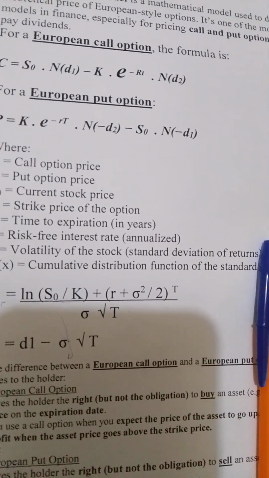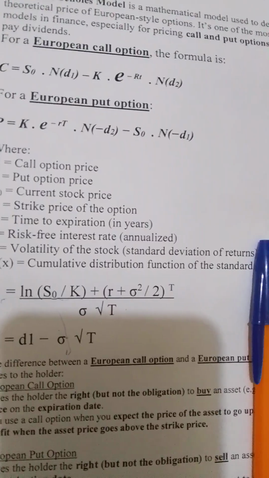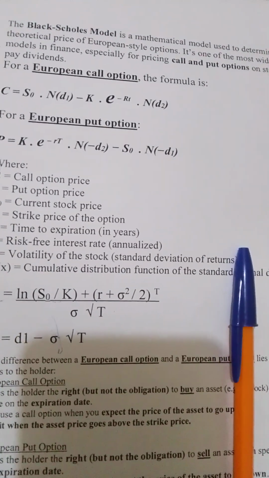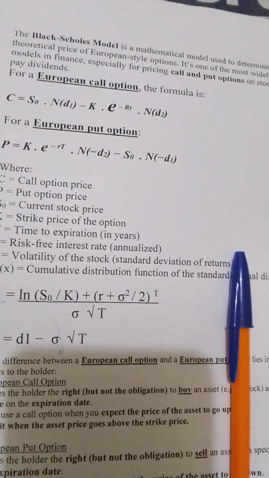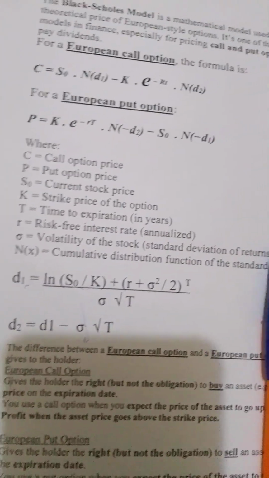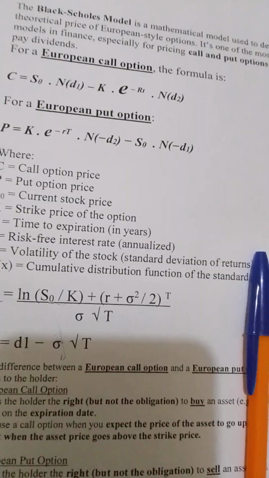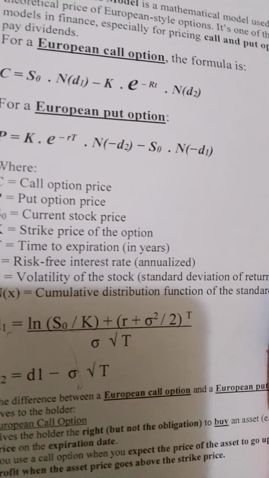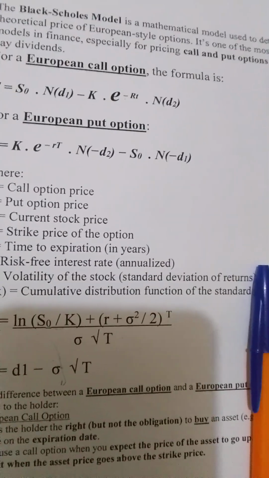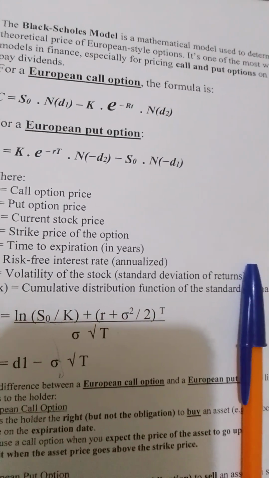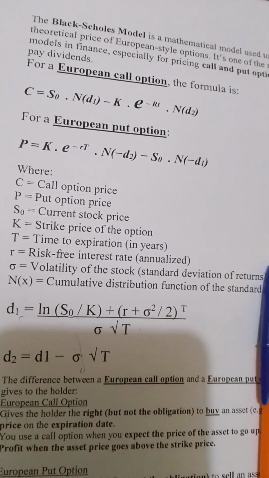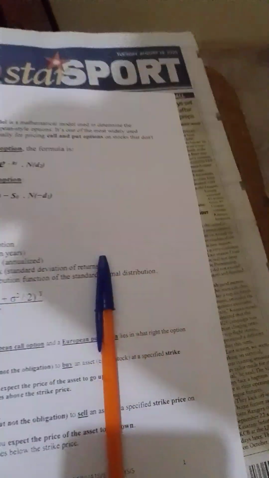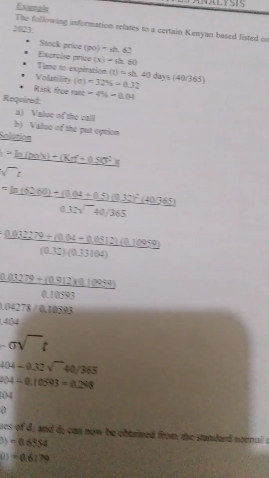If you go to page 234, that is for CIFA, if you have the CIFA book on derivatives analysis, there's a question there that I want to give you as an example.